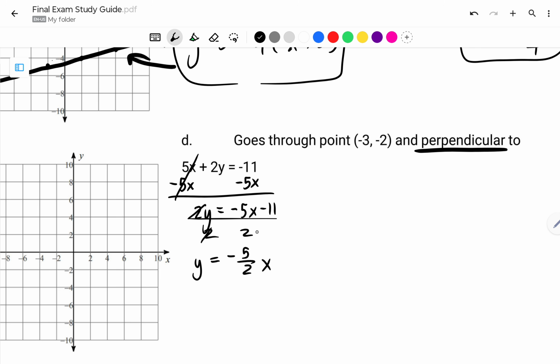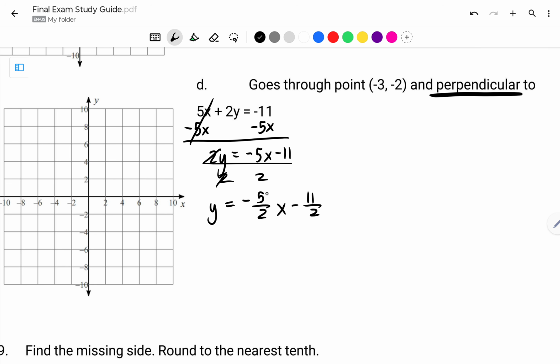Same thing here. -11 cannot be divided by 2. I have my slope of this line, -5/2. But I want the slope of the perpendicular line. Again, opposite, so it's negative, it's going to turn positive. Reciprocal, so 2/5.